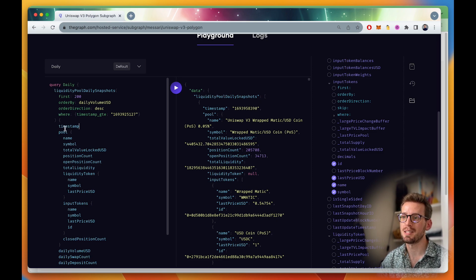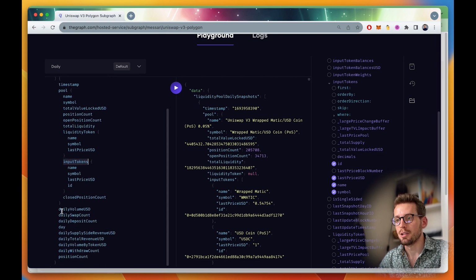You can get data about the pool, so the name, total value locked, the number of positions, which should hopefully give us some order book data, and the tokens themselves, and also things like daily volume, daily swap count, daily deposit count, and revenue. So this is actually a lot more data than we were getting before, and hopefully this will improve ChatGPT's recommendations. Let's see.